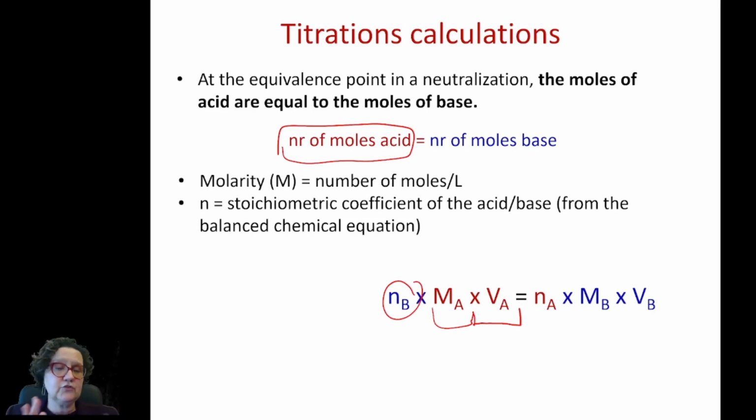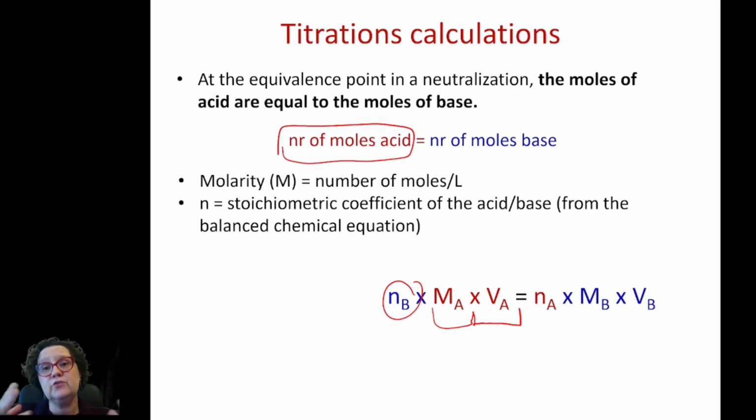But sometimes the reactions do not work so neatly 1-to-1. You will need 2 moles of acid to react with 1 mole of base, or 3 moles of base to react with 2 moles of acid. The coefficients will not be simply as many moles of this one, you will need as many moles of the other one. You will need 2 moles of acid per mole of base, or 3 moles of acid per 2 moles of base.